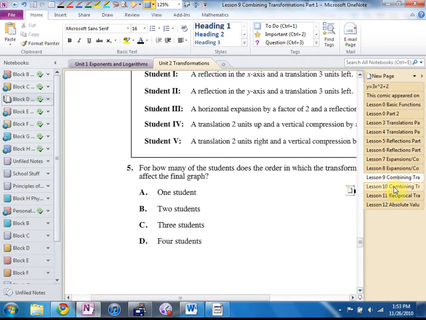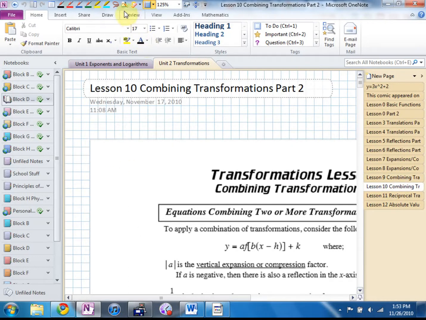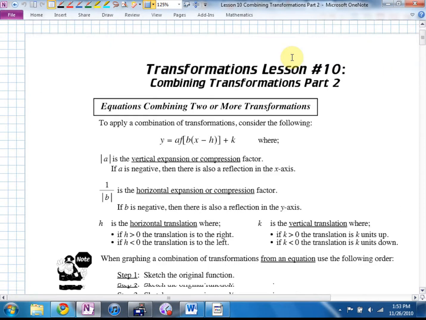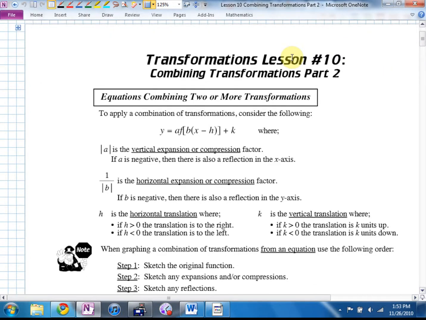This is where we're going to get into the meat and potatoes. Go ahead. You can open both of them if you want to. Okay. Thank you. So we're on lesson 10.